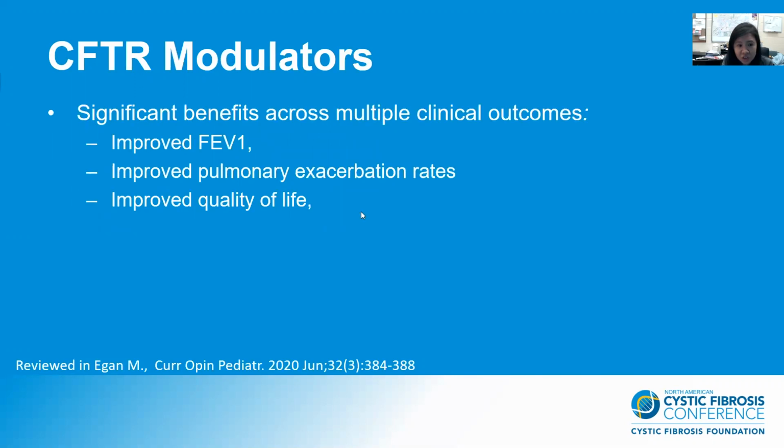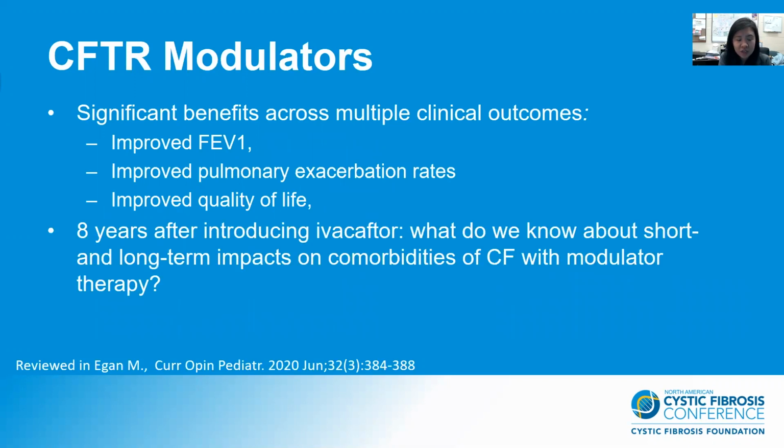These all have shown significant benefits across multiple clinical outcomes, including improved FEV1, improved pulmonary exacerbation rates, and improved quality of life. So now that it's been 8 years after introduction of ivacaftor, what do we know about both short and long-term impacts on comorbidities of CF with modulator therapy?